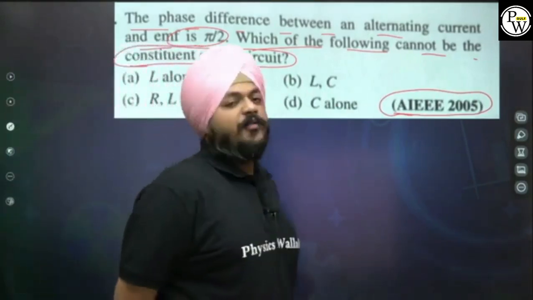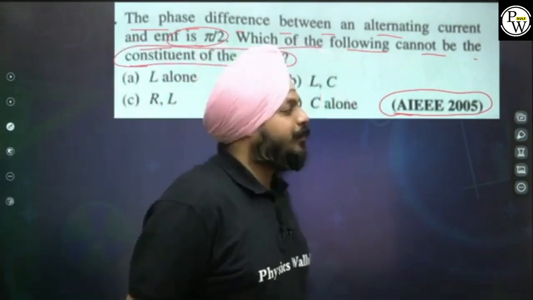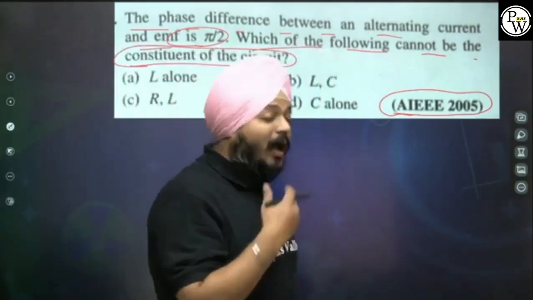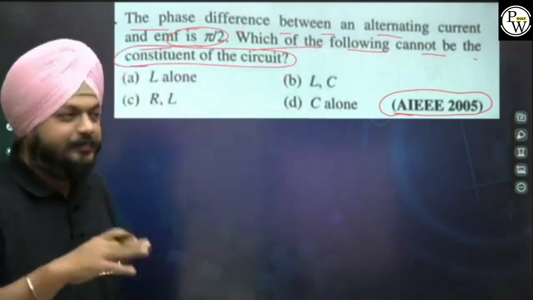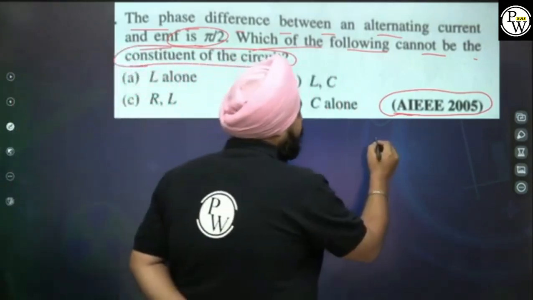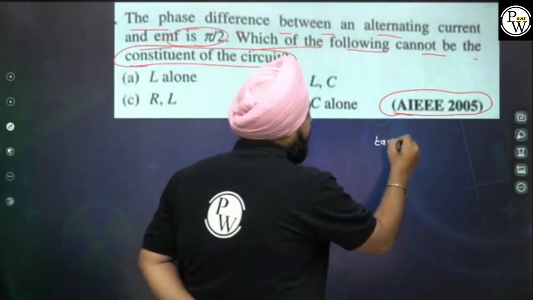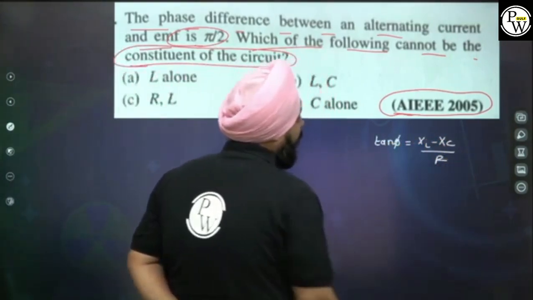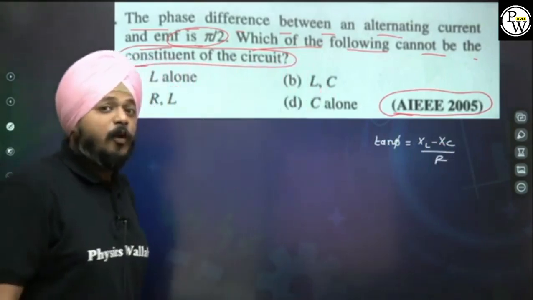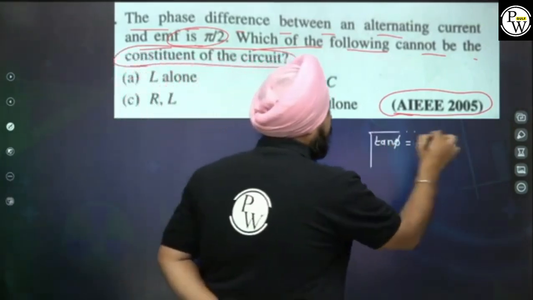The phase difference between the alternating current and EMF. Tan phi is equal to XL minus XC whole divided by R. This formula we have seen in the phasor.